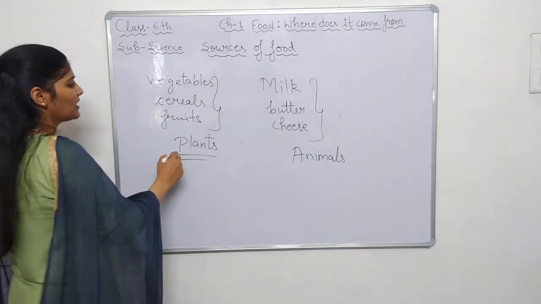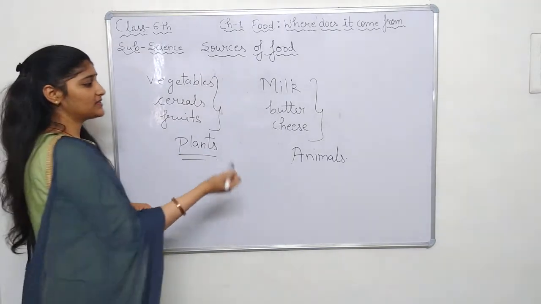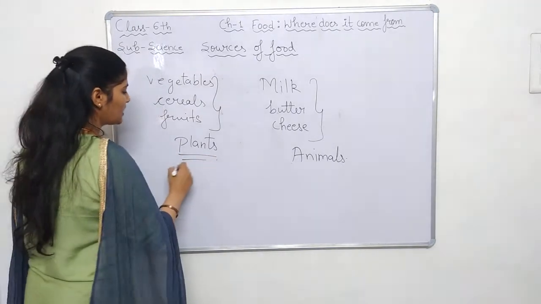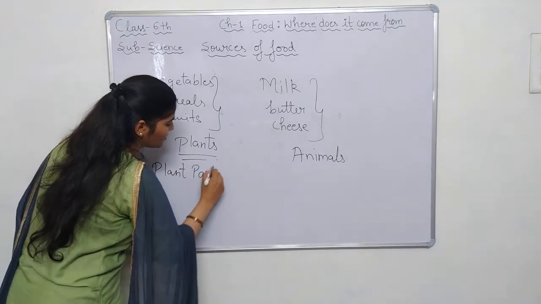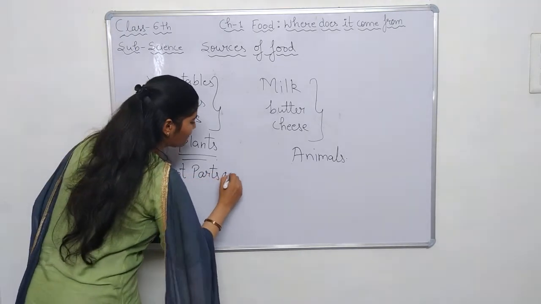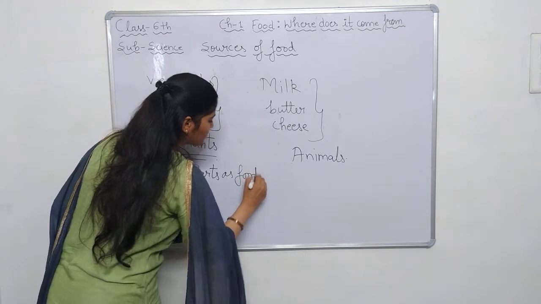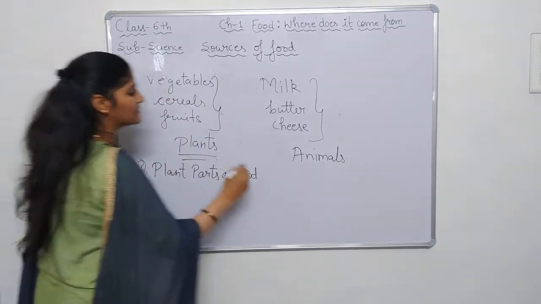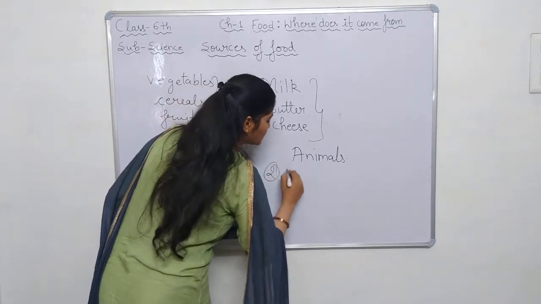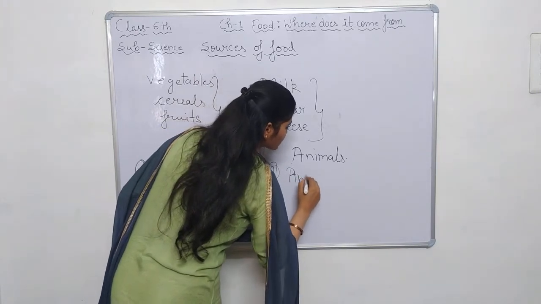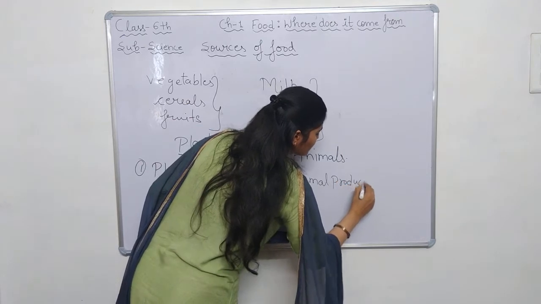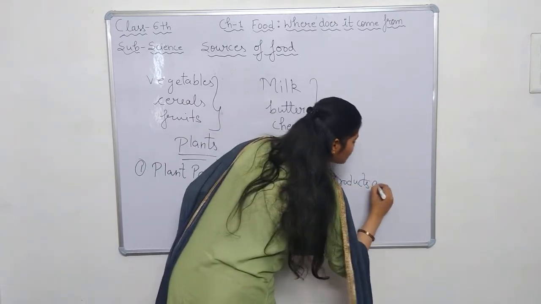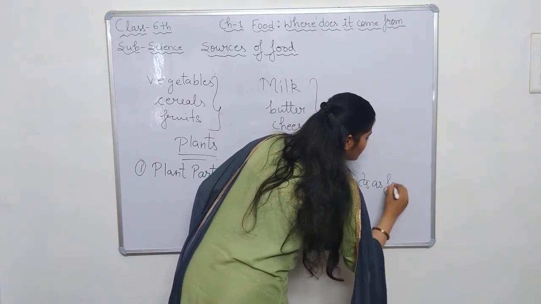Now we can further divide this into two parts: the plant parts we use as food, and the second part, the animal products we use as food.